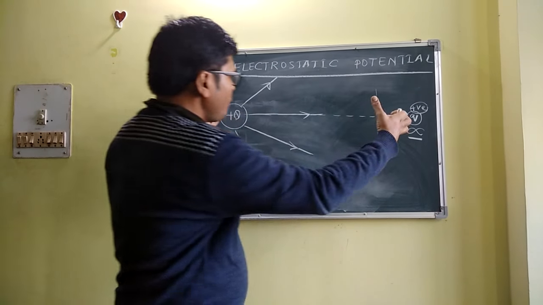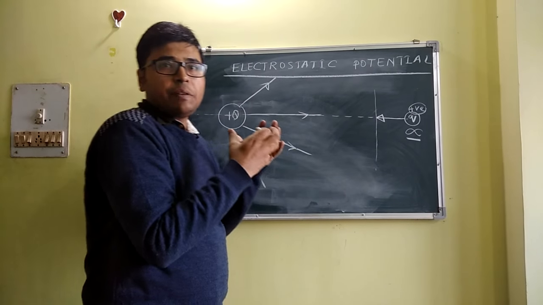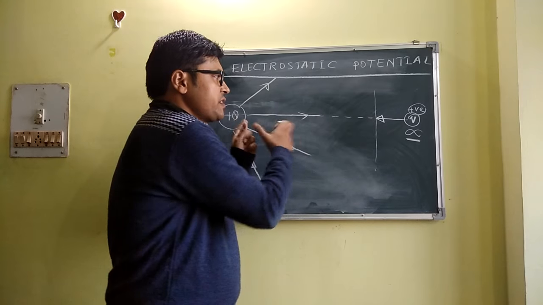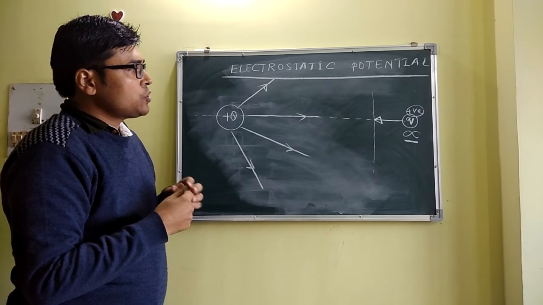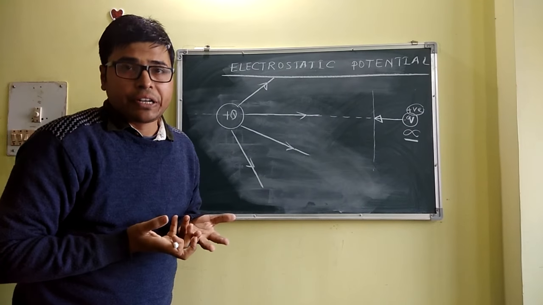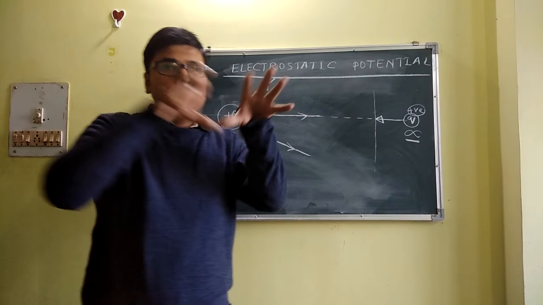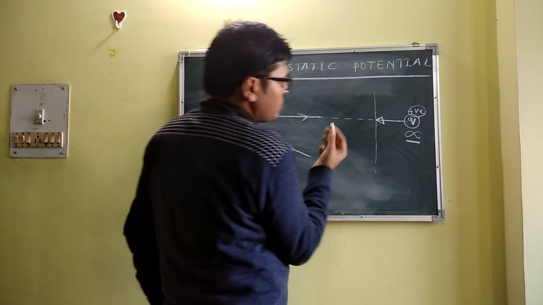So as we move closer, it will repel this charge. Why would it repel this charge? Because there would be electrostatic repulsion between these two like charges. And so we have to do some external work, right? And this external work done basically will be stored as electrostatic potentiality. So we have to do that work.